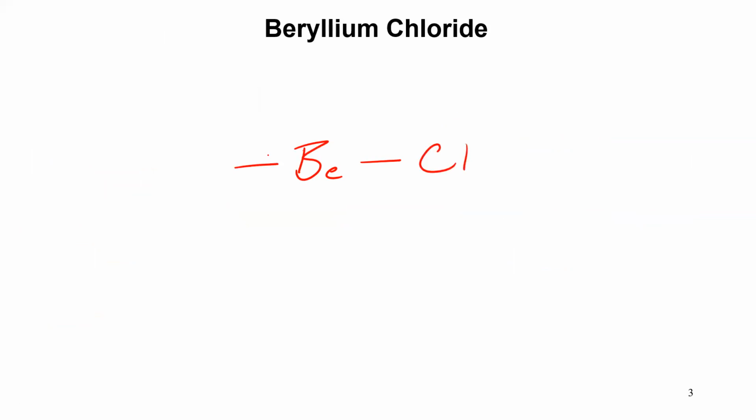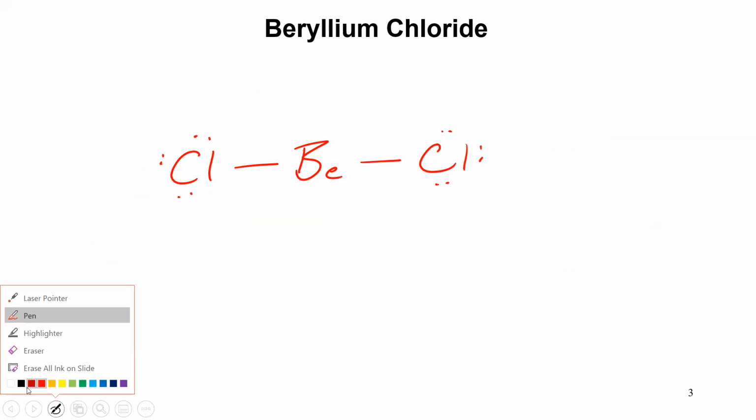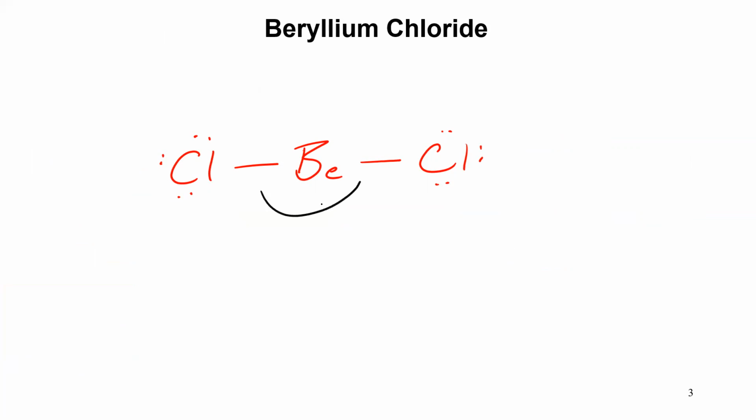And so beryllium chloride is a perfect example of one of these molecules that has a linear structure. Again, that bond angle is 180 degrees because those electron groups want to be as far away from one another as possible. All right, that one is pretty straightforward.